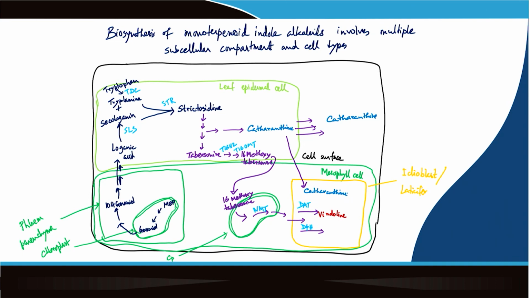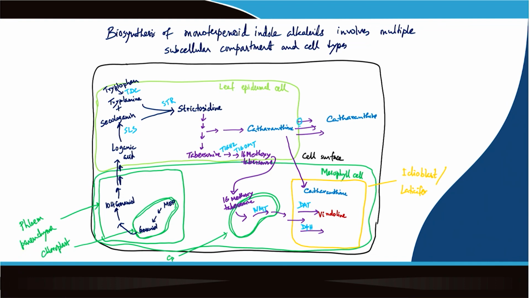So, the interesting part is that this catharanthine is getting transported out from the cell onto the cell surface, and here I will talk about one specific transporter that plays an important role in transporting this out.